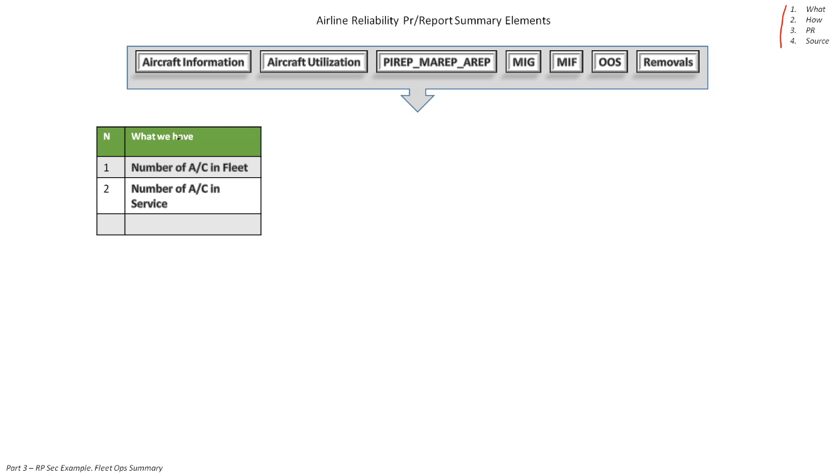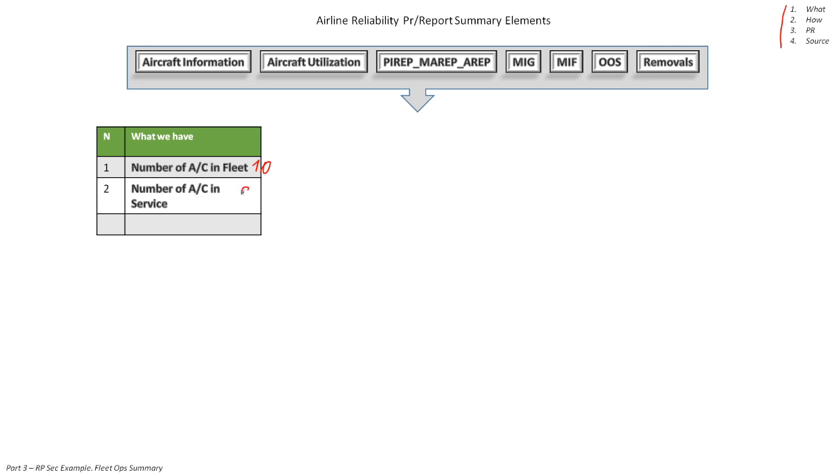Definitely, we are going to follow the same logic and use the same groups and categories. So what do we have? Number of aircraft in fleet. Let's say we have 10 aircraft. Number of aircraft in service. Let's say in December one aircraft is in the hangar, doing a C check or D check, whatever.